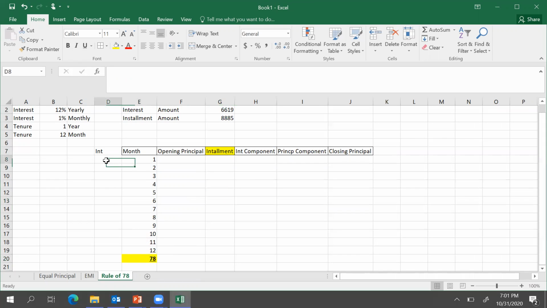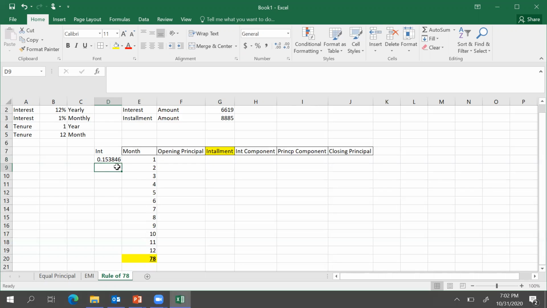So in the first month, how much of the total interest is going to be recovered? The amount of interest that will be recovered is 12 divided by 78 of 6619. So this much interest is going to be recovered in the first month.